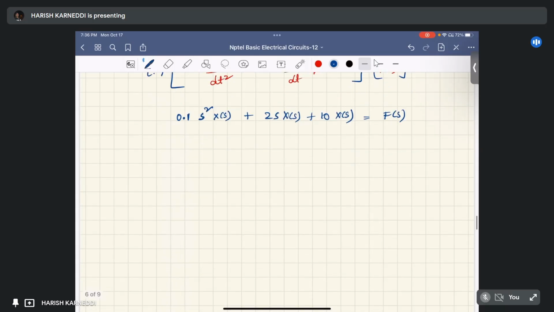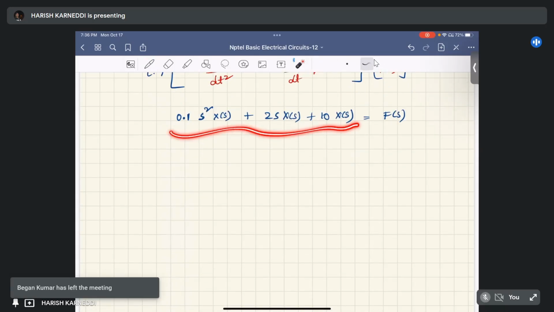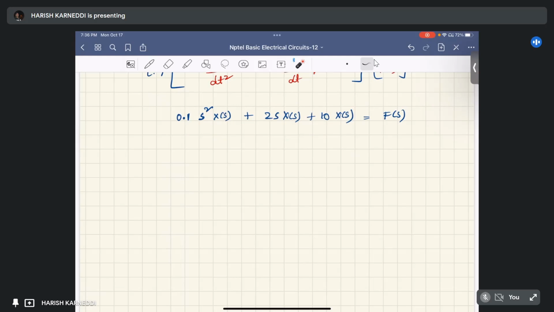Here in this equation we have X(s) in all the terms. We can take X(s) common, so the equation becomes X(s) times (0.1 s² + 2s + 10) equal to F(s). What is the transfer function we need?